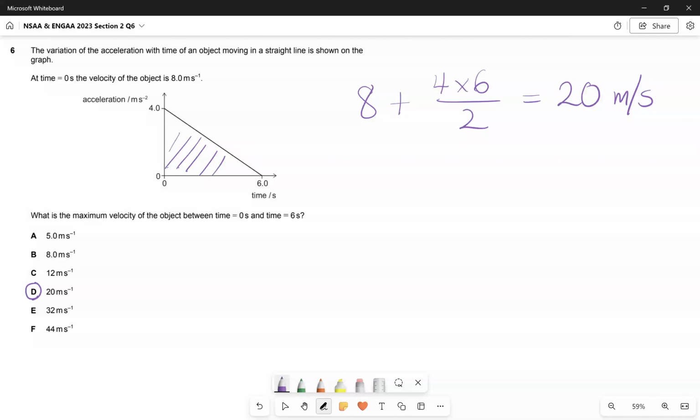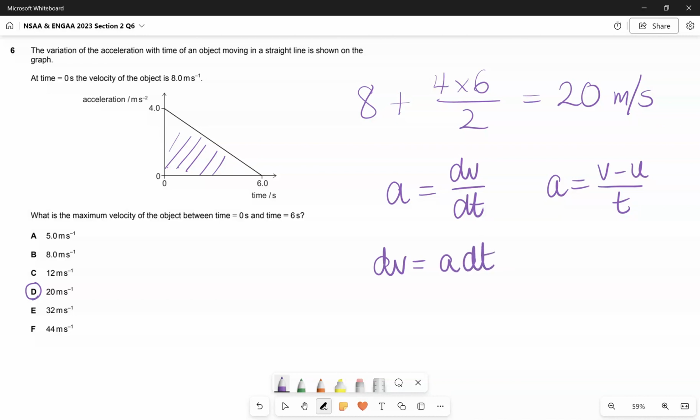So for example, acceleration is dv by dt, or you might have learnt this as a equals v minus u over t. What we can see here is that the acceleration is related to first order to changes in velocity.